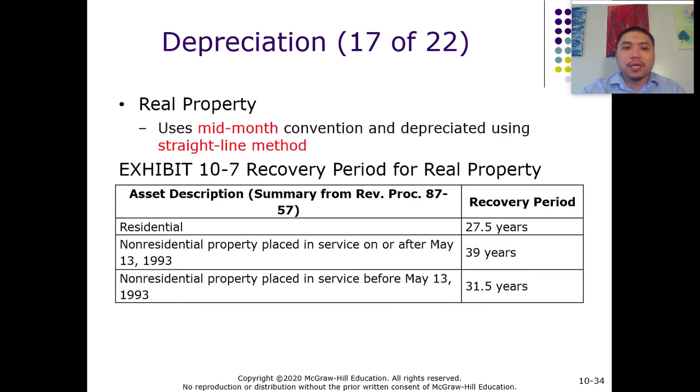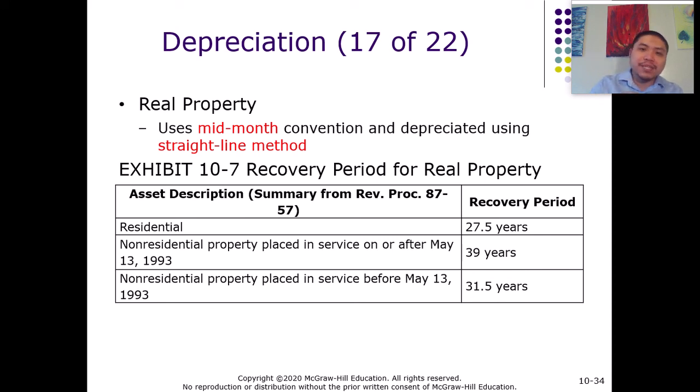All right. So what we should talk about is the way to depreciate personal properties, meaning all tangible properties except for real properties. So what happens to real properties? For real properties, we cannot use the half-year or the mid-quarter convention.